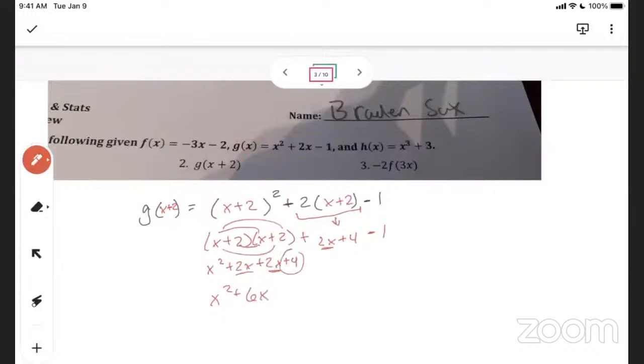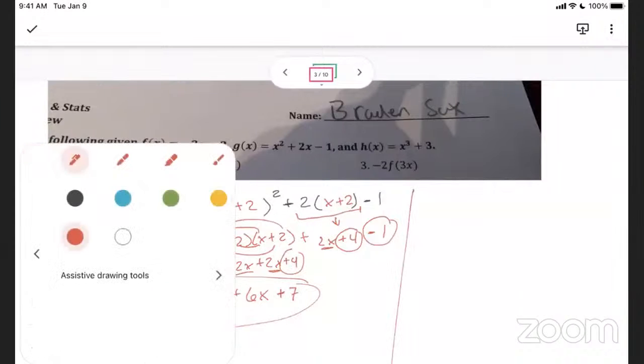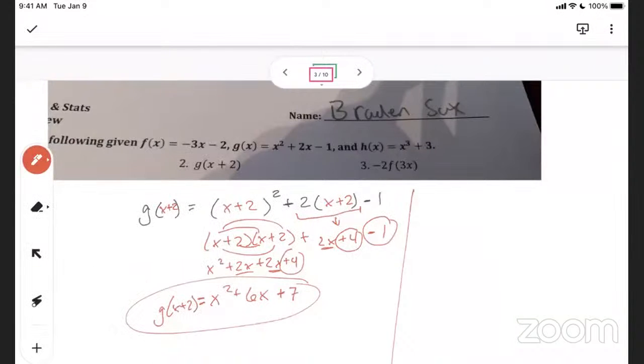And then 4 plus 4 minus 1 is 8 minus 1, which is 7. So plus 7. So g of x plus 2 equals x squared plus 6x plus 7 in standard form. Okay, got it? Did I go too fast, or does that make sense? No, I understood that.